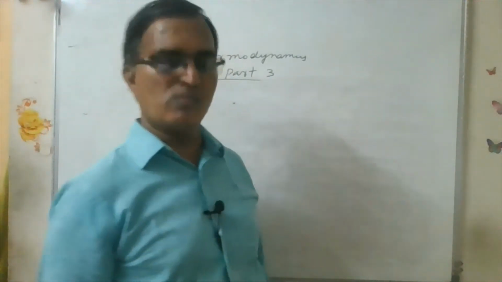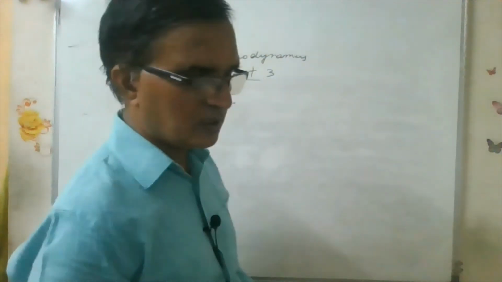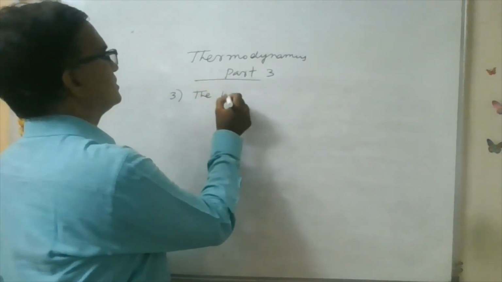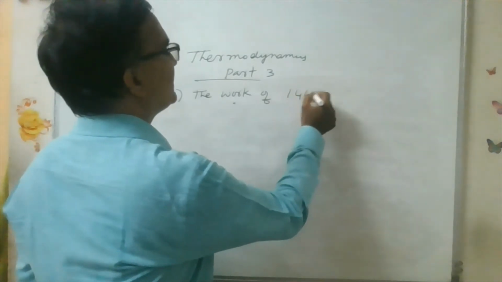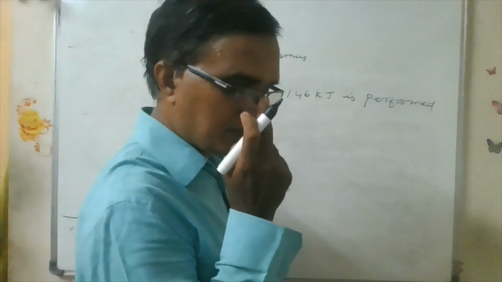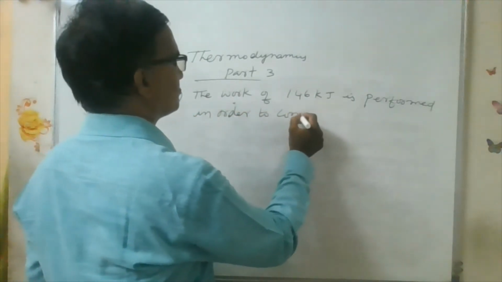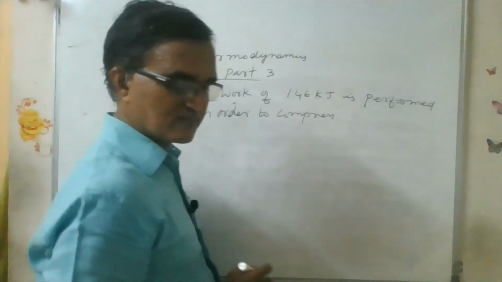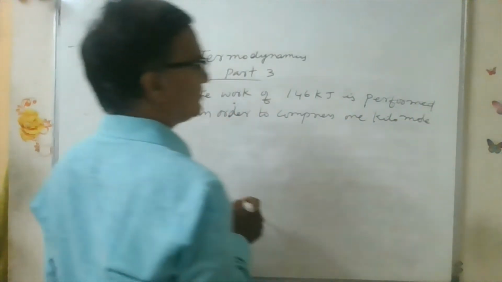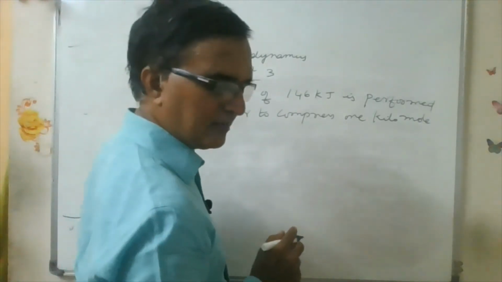Now next, we have the fourth problem. The work of 146 kilojoules is performed in order to compress 1 kilomole of gas adiabatically. 1 kilomole means 1000 moles.